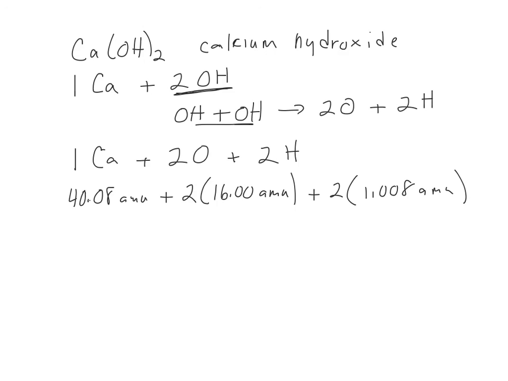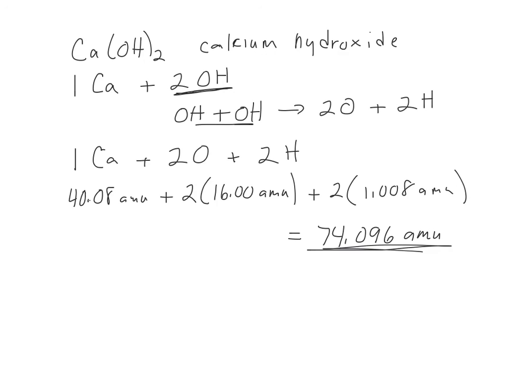When we plug this into our calculator, we should get a value of 74.096 AMU. So here we have the molecular weight for calcium hydroxide.